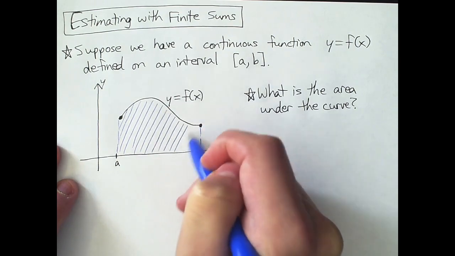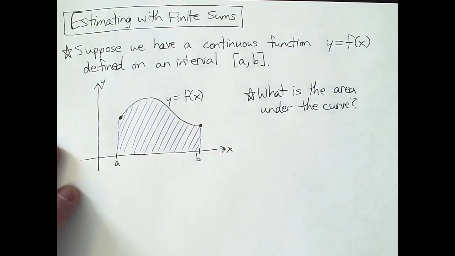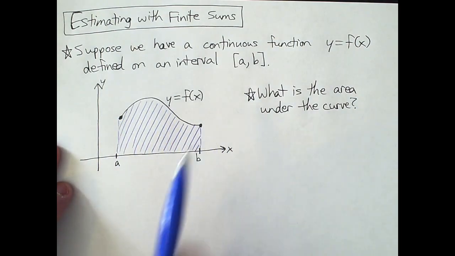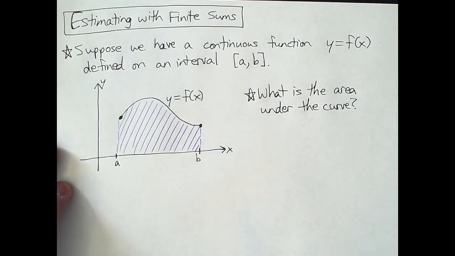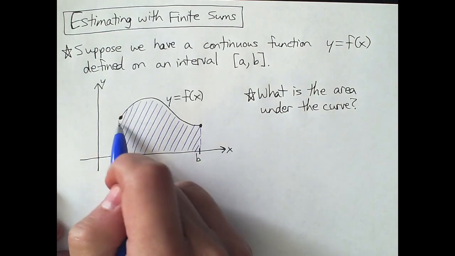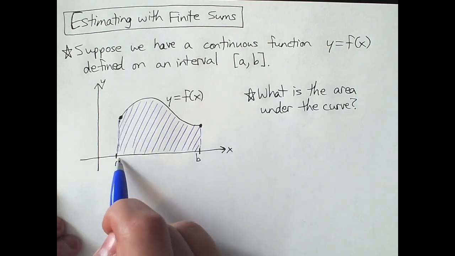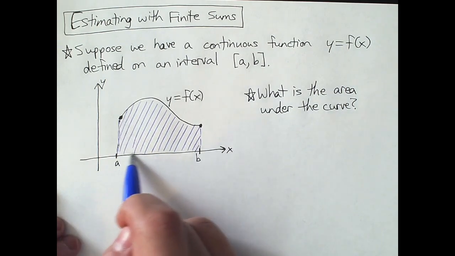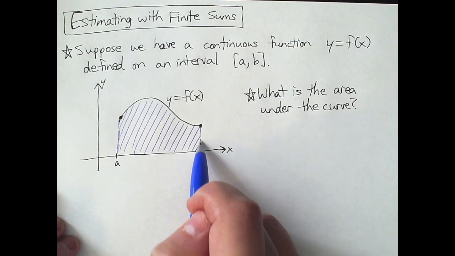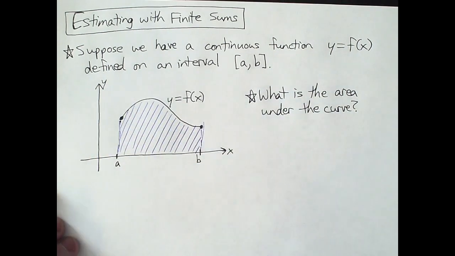It's everything below the curve but above the x-axis. We get this weird shape with a curved surface on the top. I guess you could say that the left edge of this shape is sort of a straight line segment. The bottom is kind of a straight line segment, and the right side is a straight line segment, but the top is curved, and that makes it difficult to figure out the area.